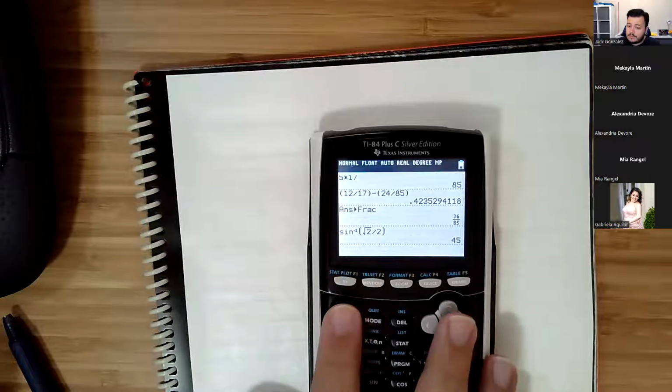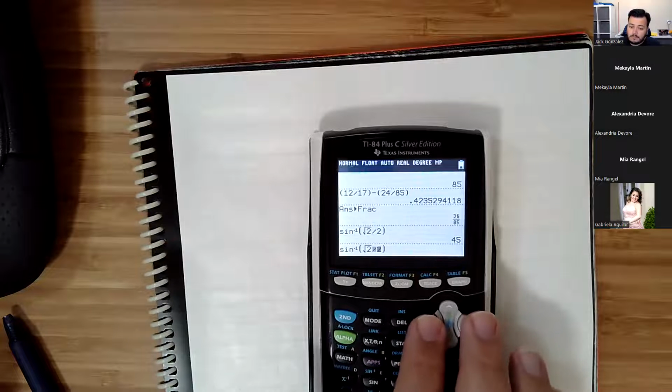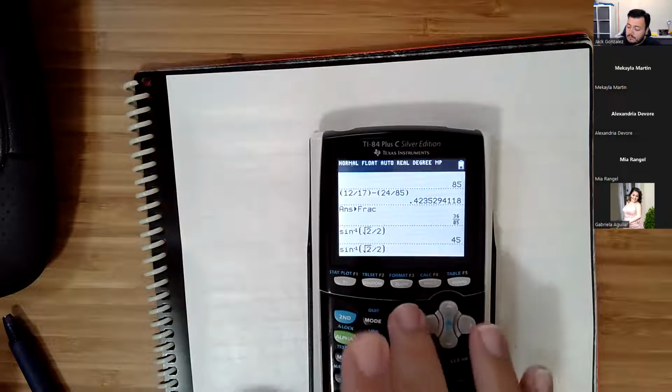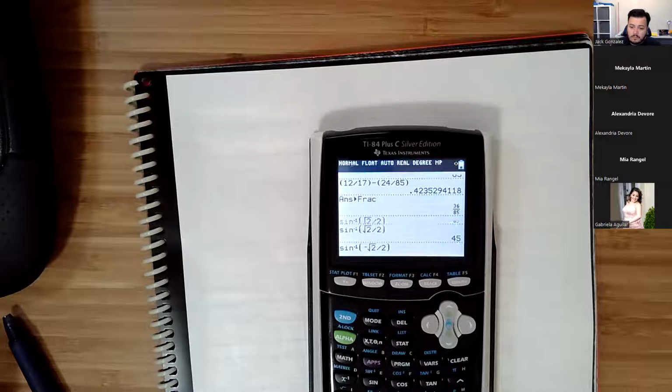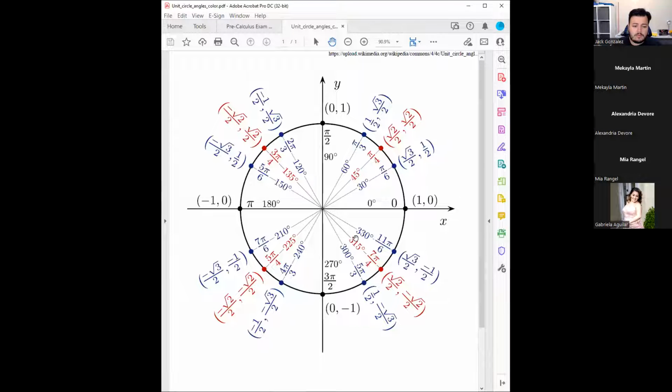So if I were to redo this, see how it gives me negative 45, which is really 315, which we already knew because we saw the circle. That is the other location where it's negative square root 2 over 2.